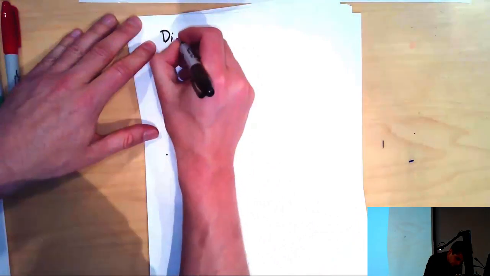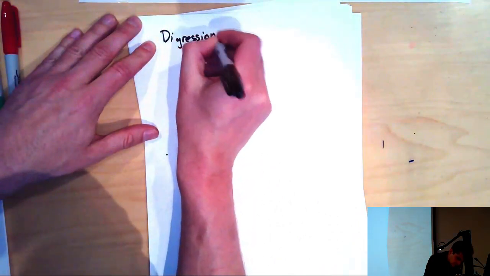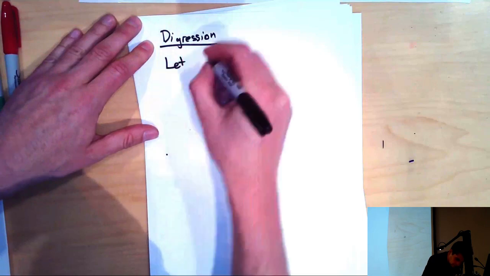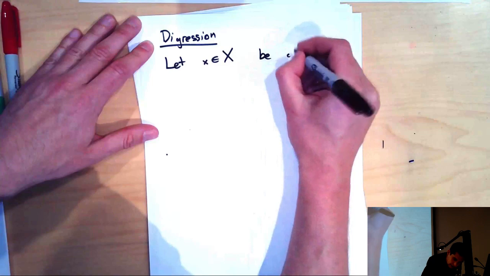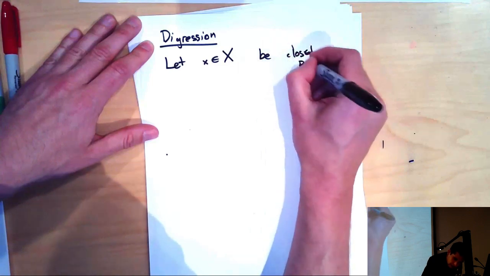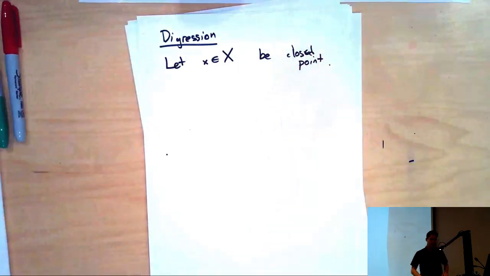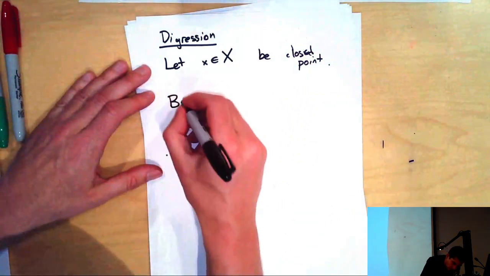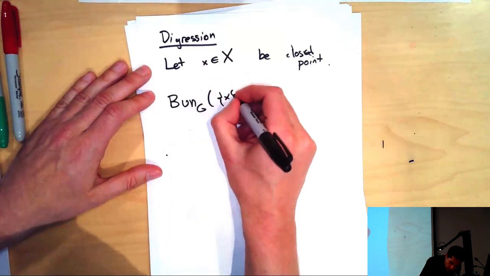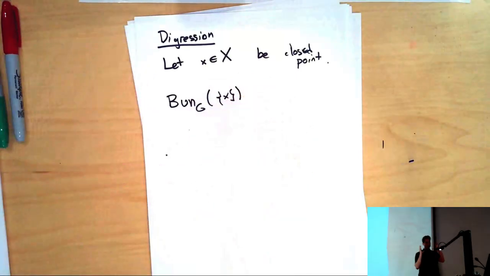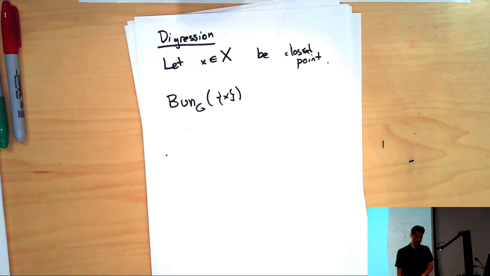So actually, let me say a little more about these Euler factors that appear in the right-hand side. So let me go on a little digression. Let x be a closed point of my curve capital X. Then I can look not just at G bundles on my entire curve, I can also look at G bundles that are defined just at that one point of the curve.